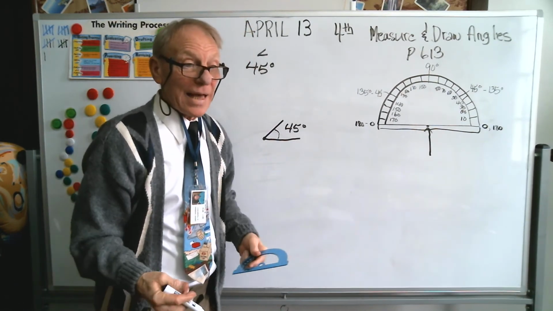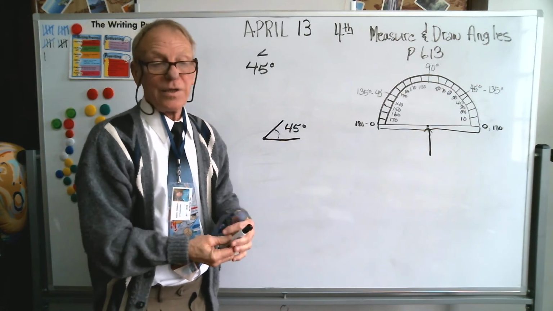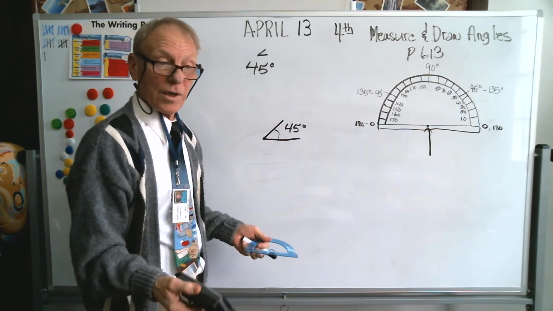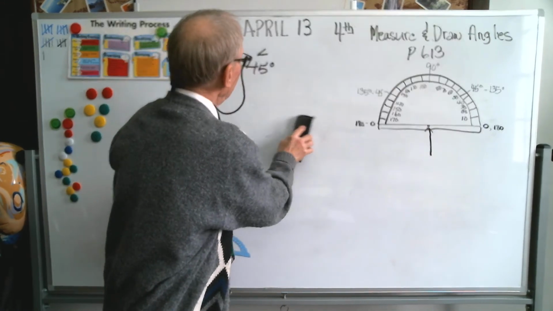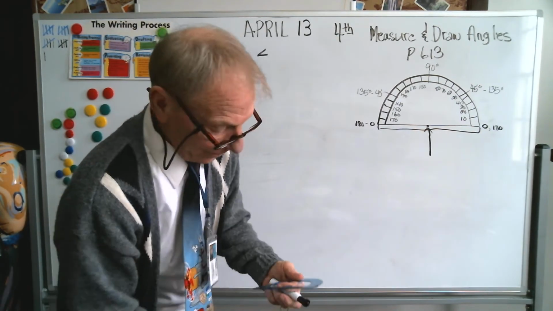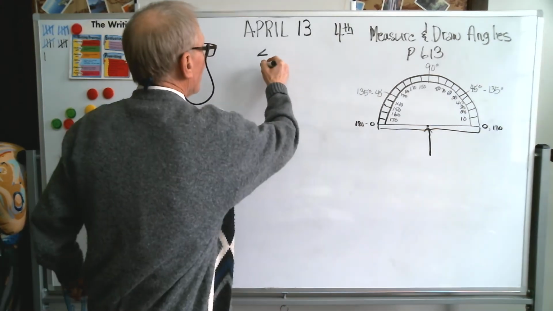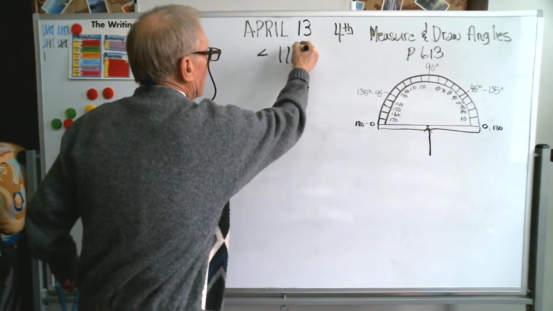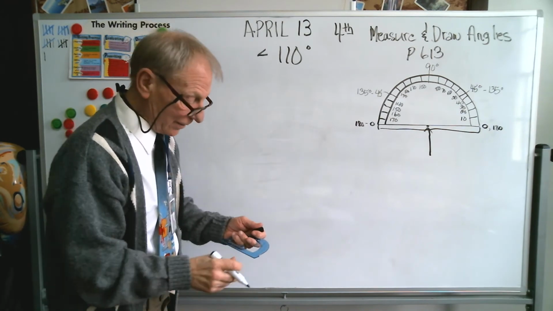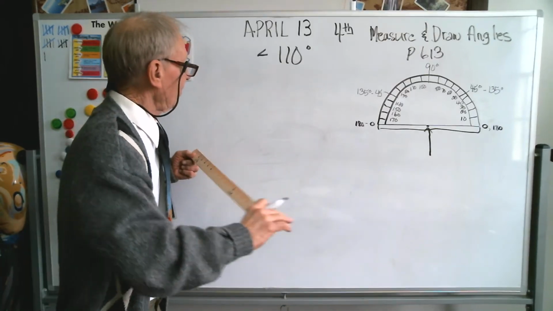And you can do that with any angle. You can pick any number between 0 and 180. Let's just say I want to create an angle that is 110 degrees. Okay, so it's the same story. You're going to draw a line.